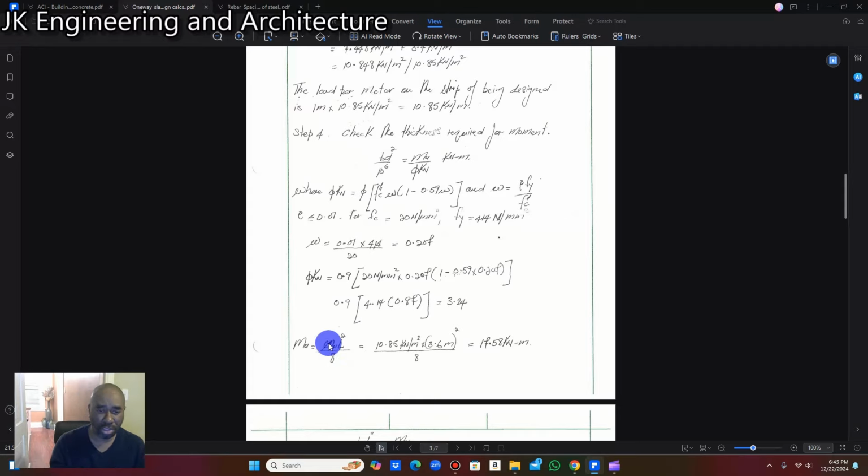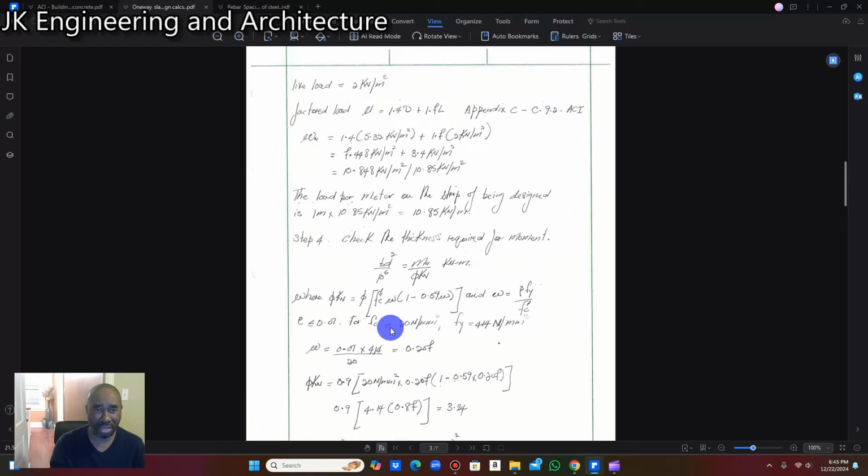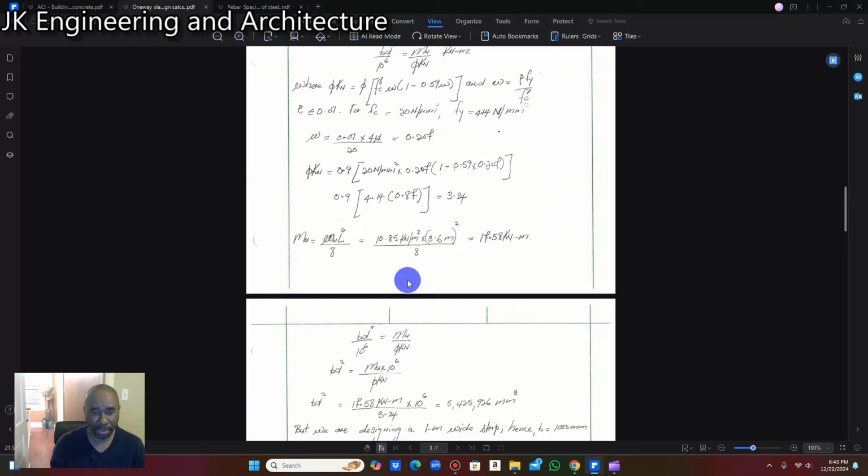So it's going to be Wu, which is 10.85 kilonewtons per meter squared, which we calculated here, times the length, 3.6 meters squared, divided by 8, and we get a moment of 17.58 kilonewton meter.